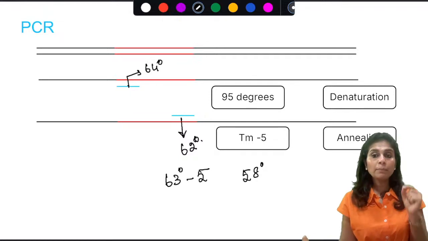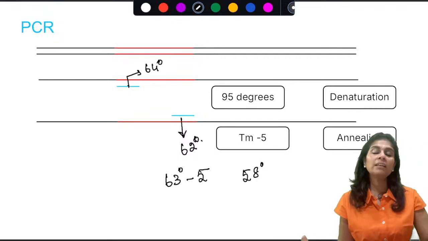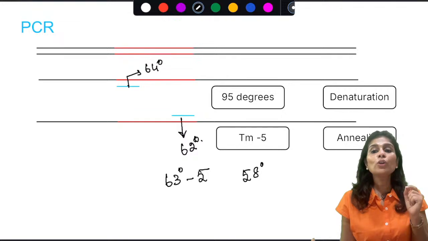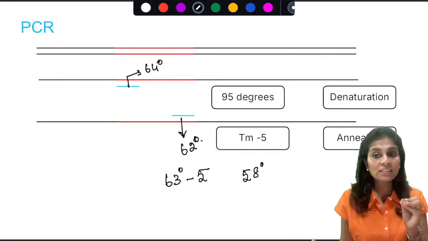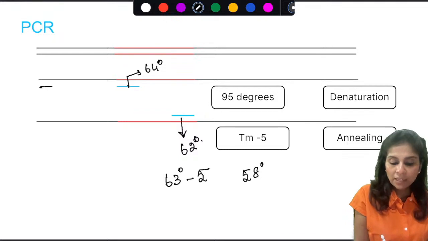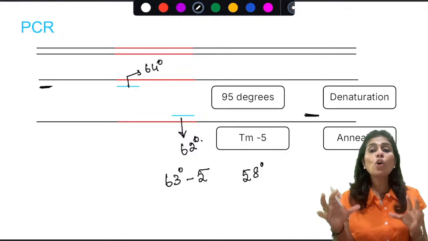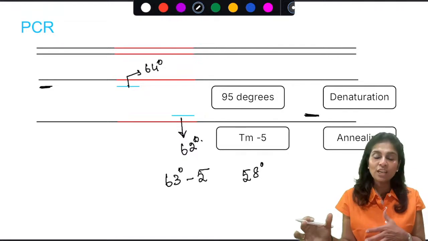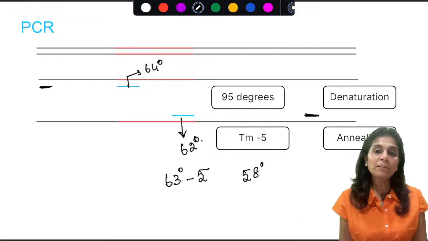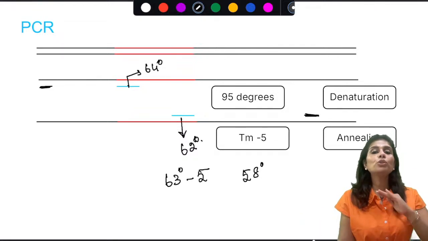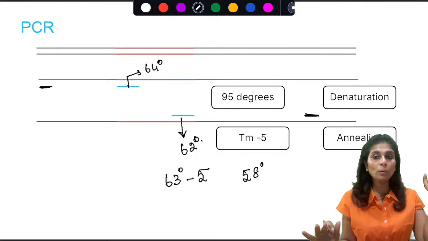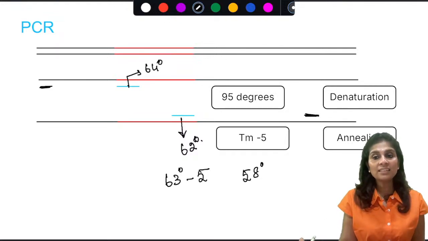But at the same time, it should not be too much less than the melting temperature of your primers, because in that case, your primers do not anneal to specific sequences. Your primers start annealing somewhere else, and you will get something called non-specific amplification. So to avoid non-specific amplification, the annealing temperature should be neither too high nor too low. It has to be 5 degrees less than the melting temperature of your primers.